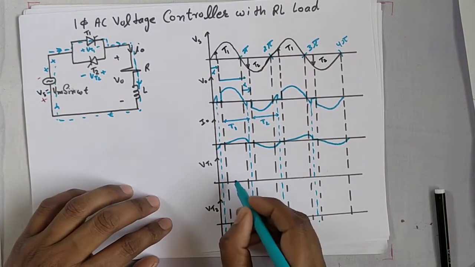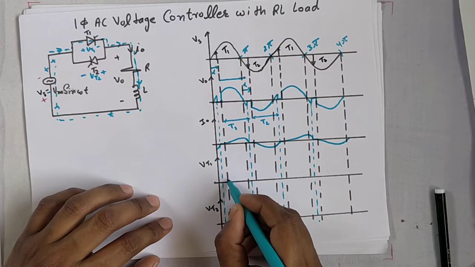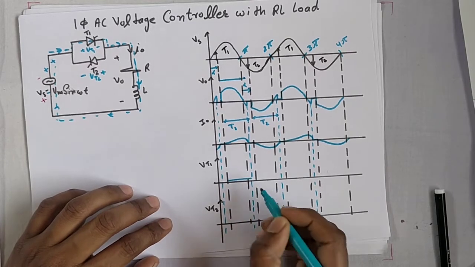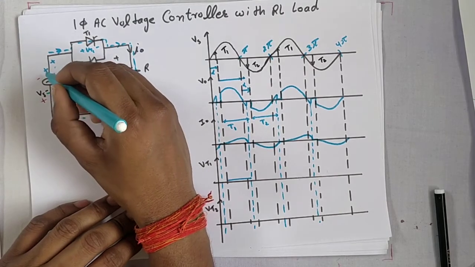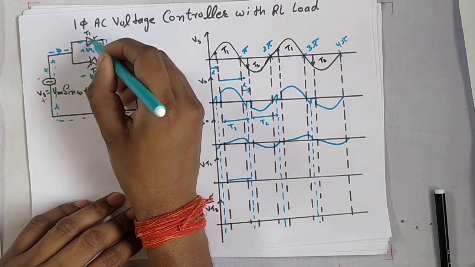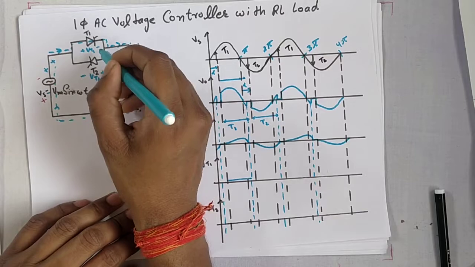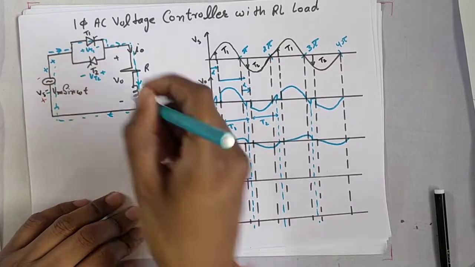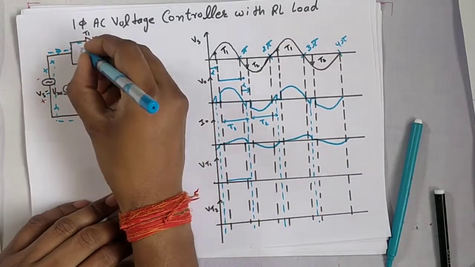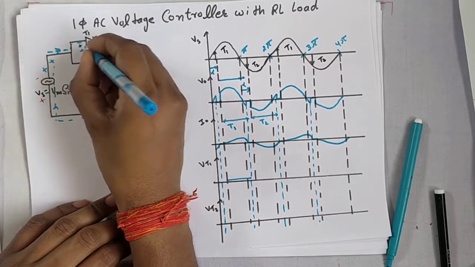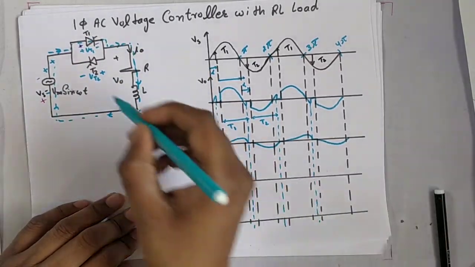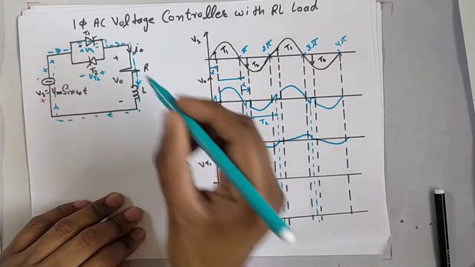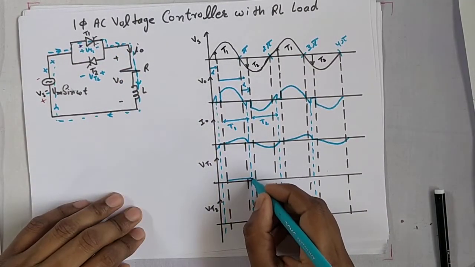So the potential drop will be positive. When this terminal is positive, current will flow like this, this is plus and this is minus, and this is the convention plus minus. So the potential drop is positive from here to here.